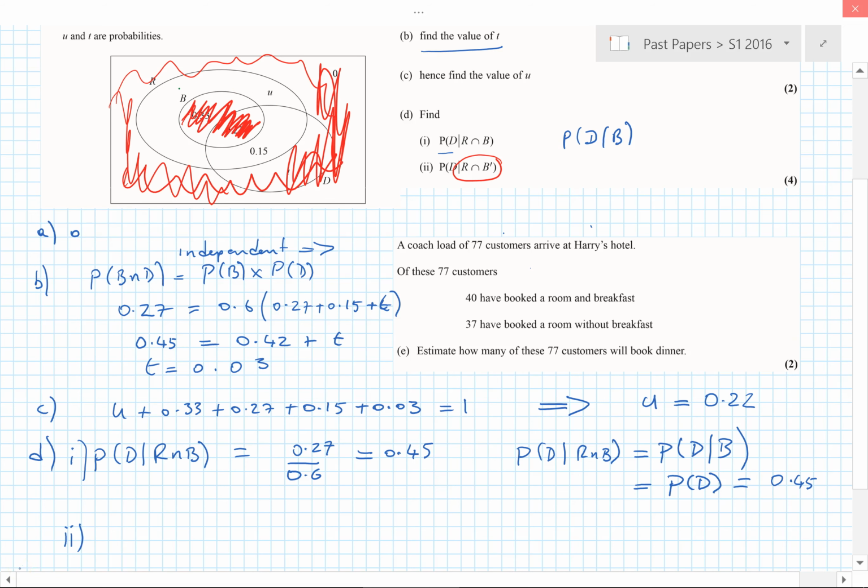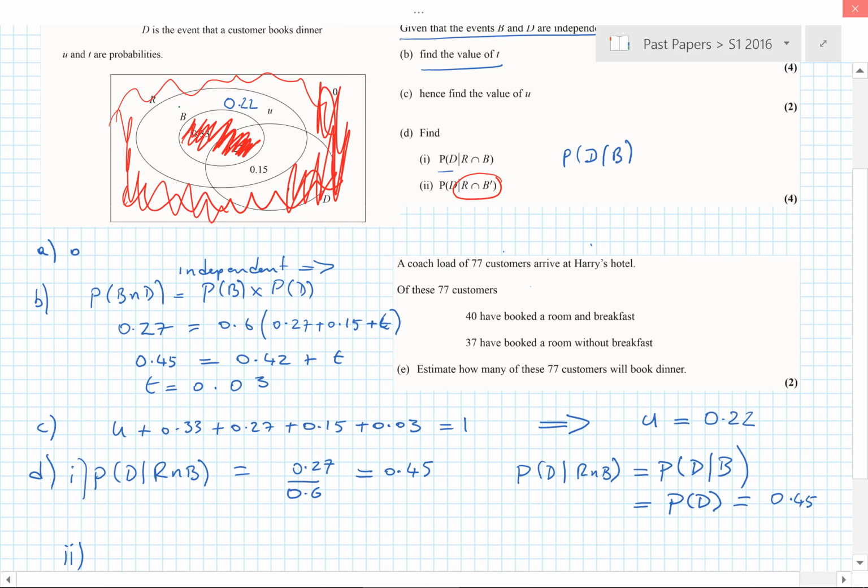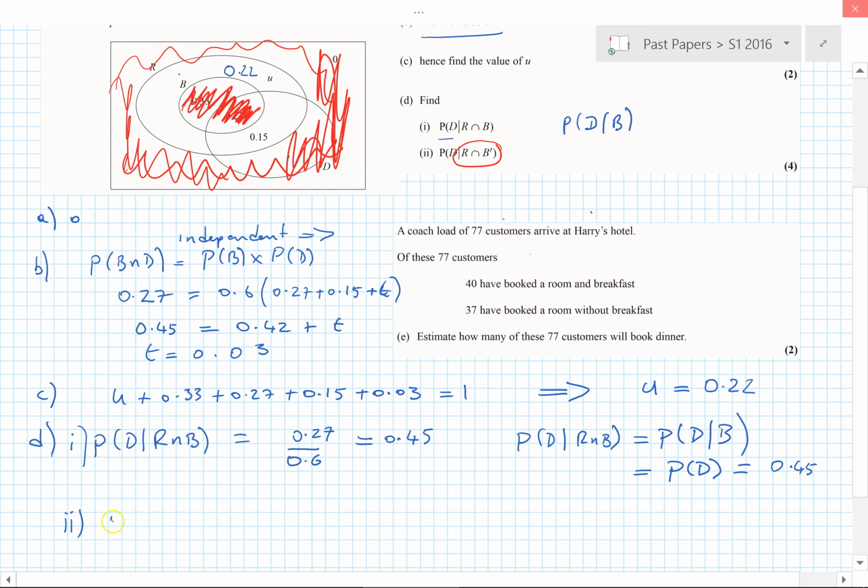So let's not forget we've worked out U in this, which is 0.22. Now we're being asked for the probability that D happens given that R intersection B dash happens.